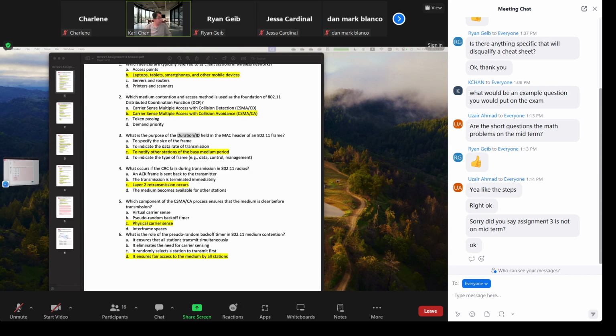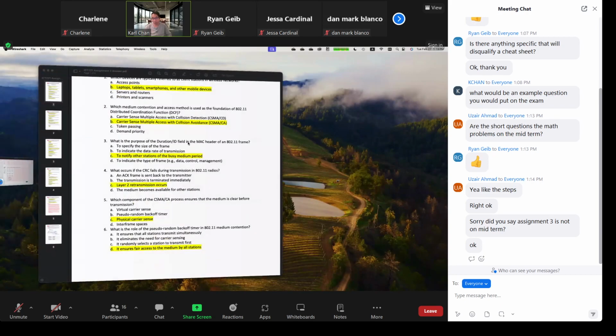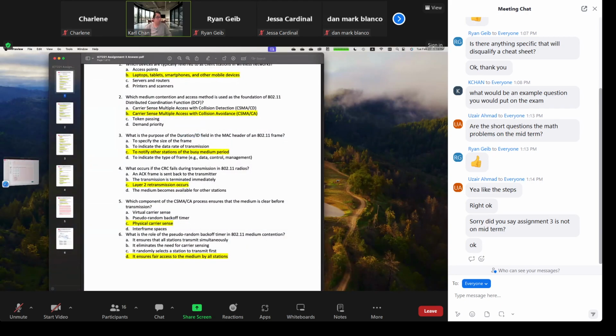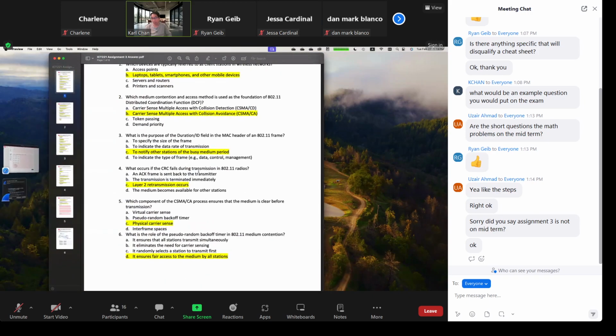While I was grading your lab 5, I found that some of you were confused about the duration ID and the duration of the frame. So I can show you what that means. This duration ID field is the mechanism of virtual carrier sense.